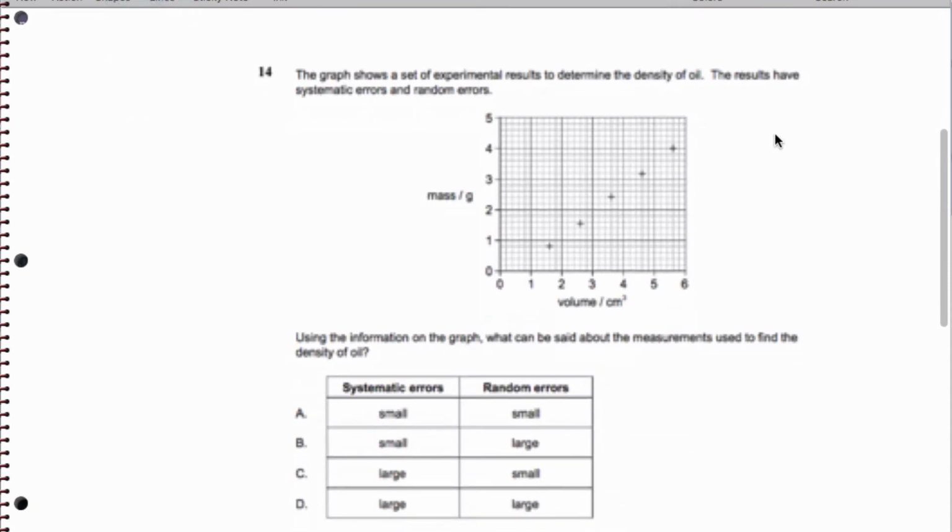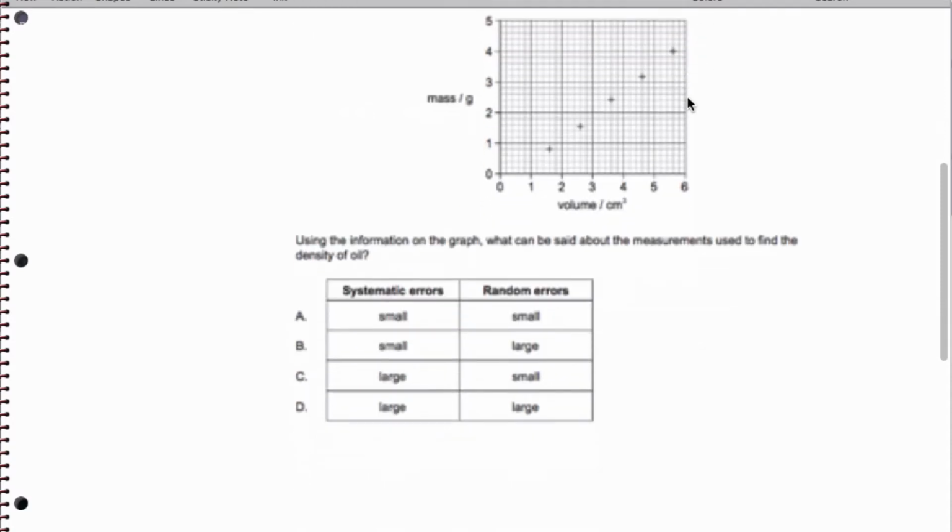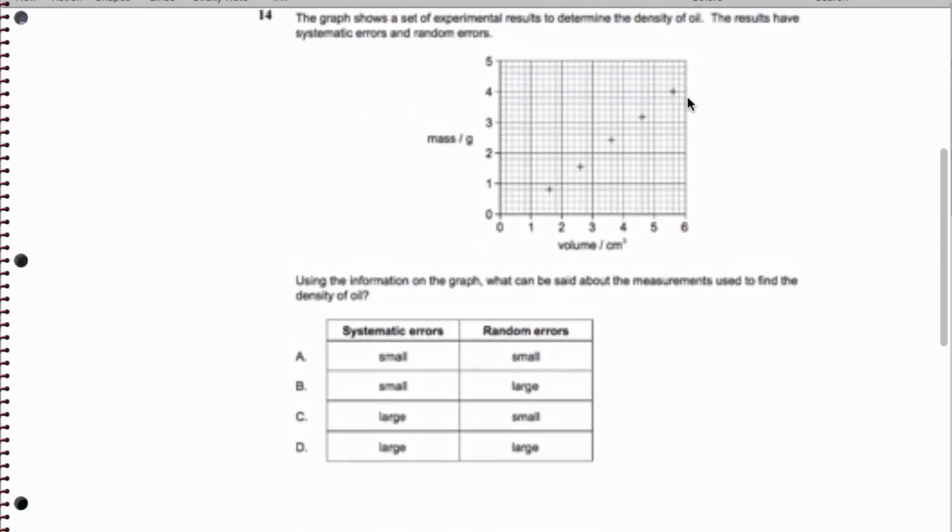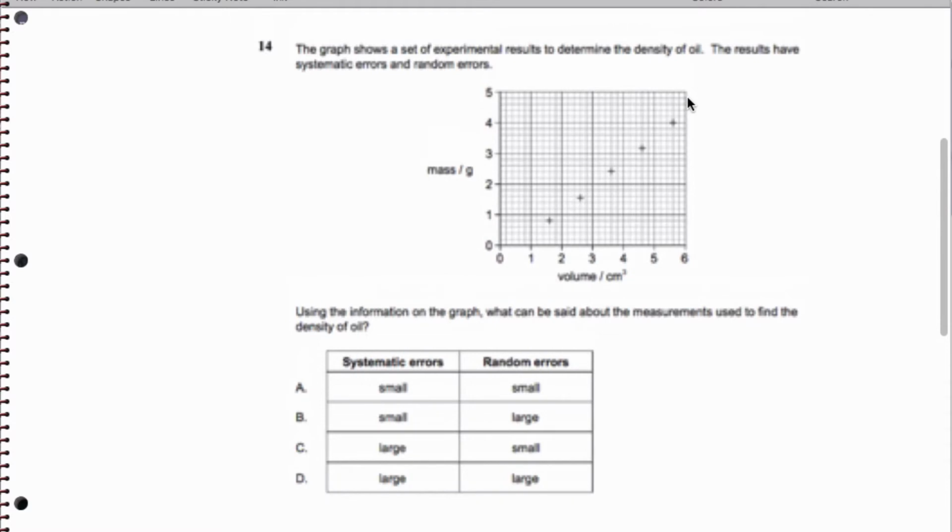Problem number 5. The graph shows an experimental result to determine the density of oil. We have systematic errors and random errors. So what can we say about the measurement used to find the density of oil?